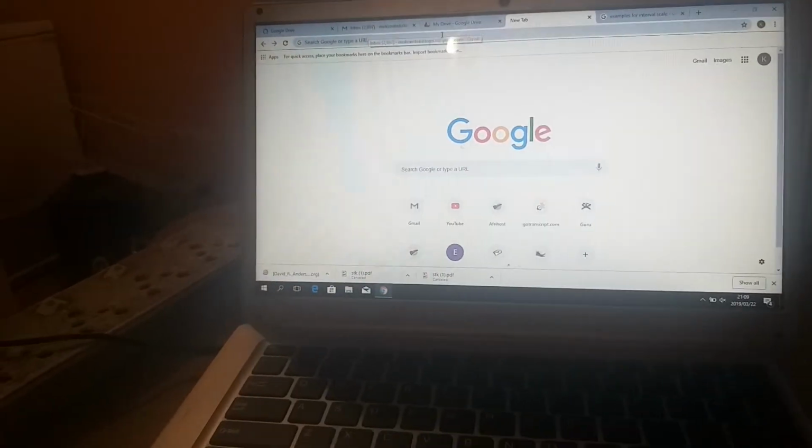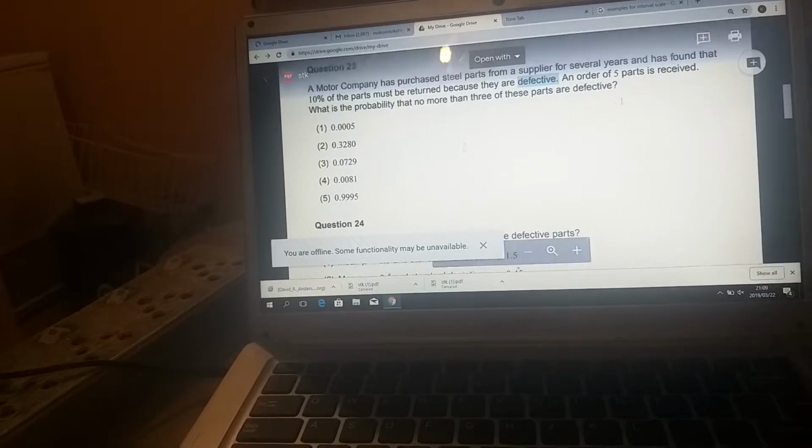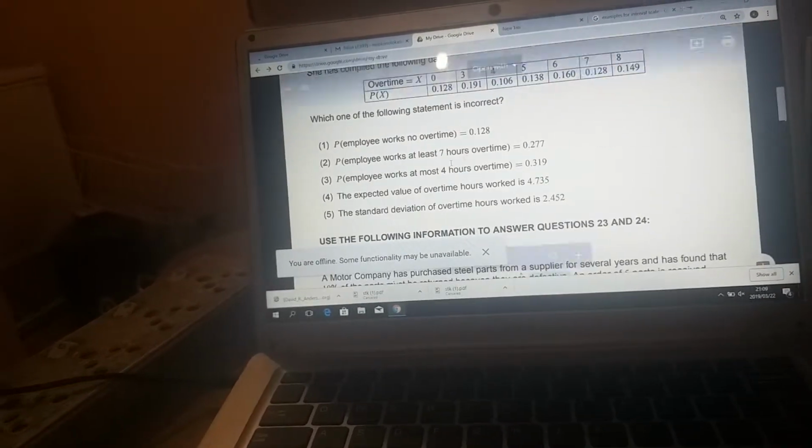I don't think I have my tables here, but if you don't know how to use binomial tables, you can tell me and I'll show you. You will find out that the answer is close to 1.